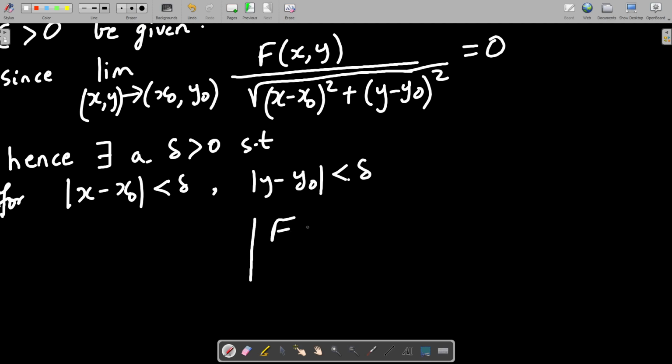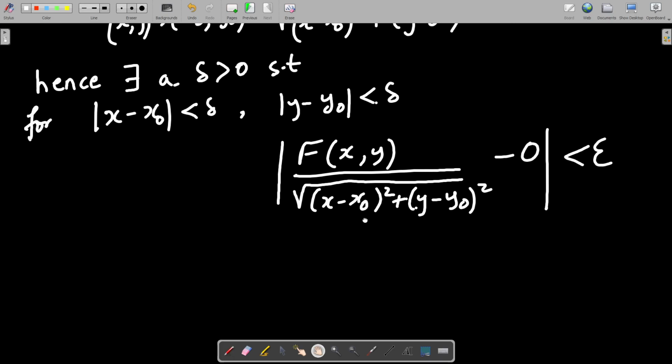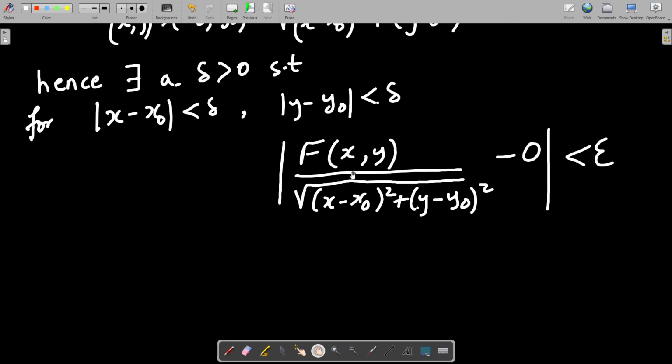We will be having that modulus of f(x, y). Actually, I don't need to assume that its modulus tends to 0, no? I don't need that assumption, that the modulus of f of x will tend to 0. Because I'm anyways getting the result, this is going to be less than epsilon. So if this quantity is less than epsilon, what can we see?